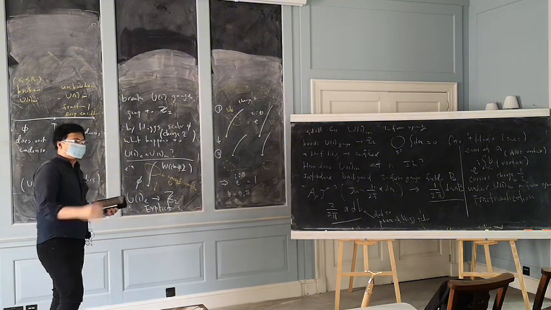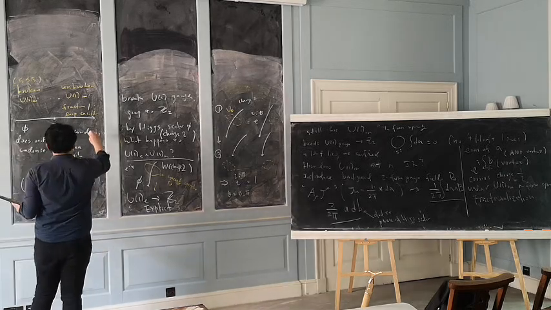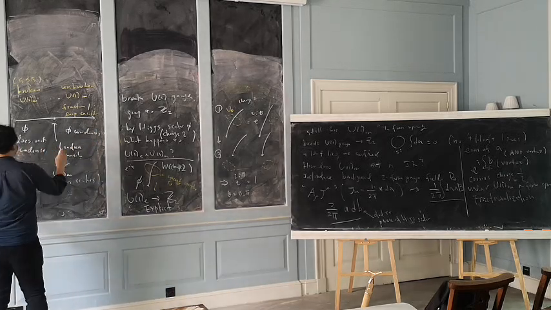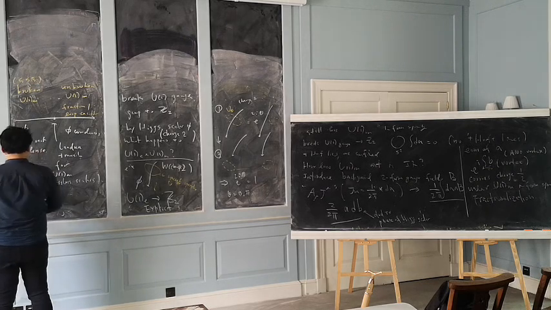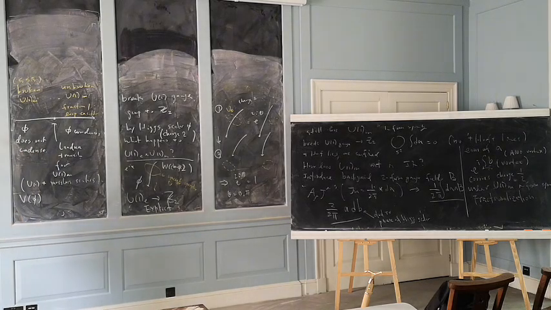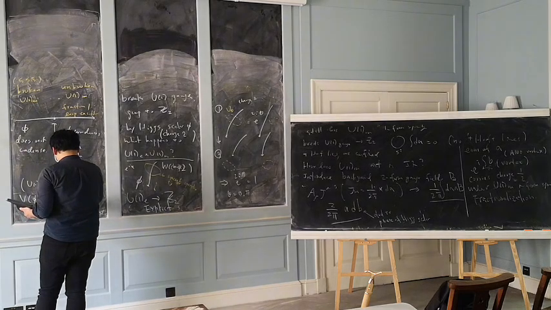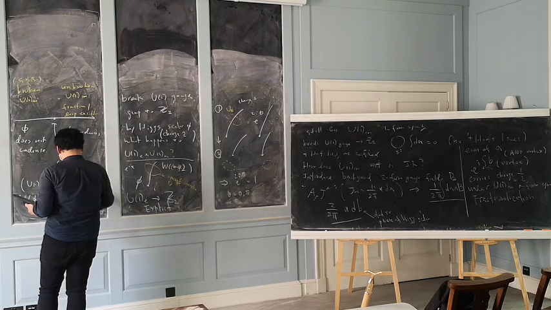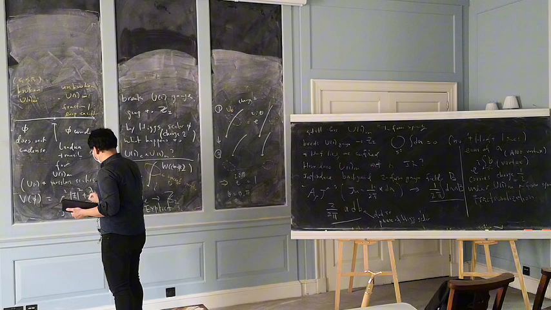So, what's on the axis? Let me write down the interaction of the Higgs field explicitly. The Higgs field has a potential, something like mu square phi square, plus lambda over 2 phi to the 4.